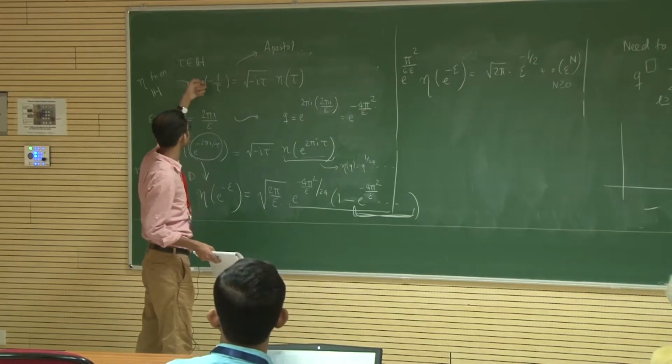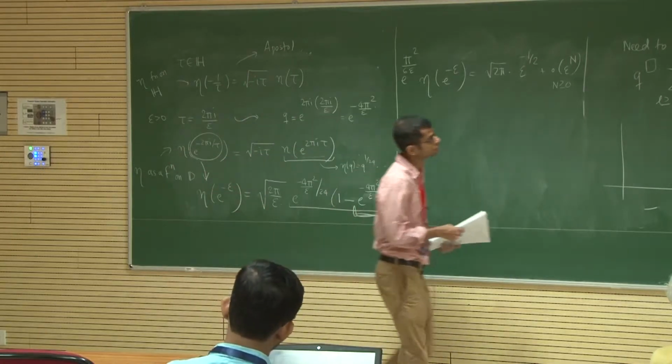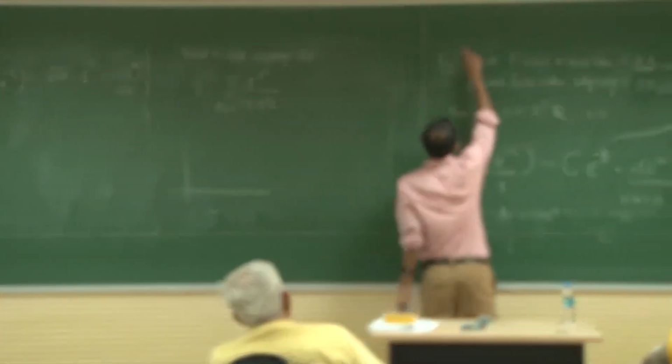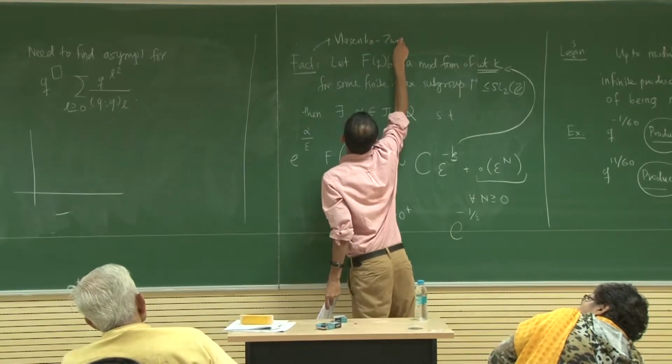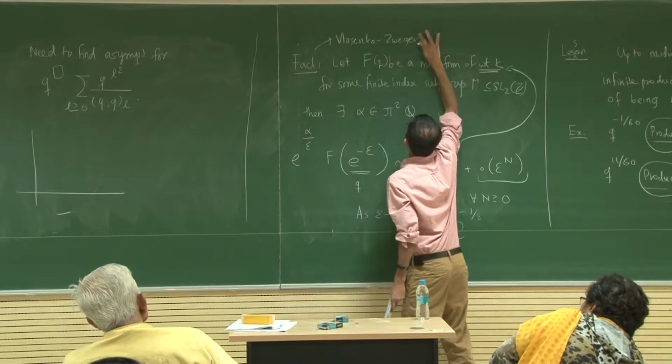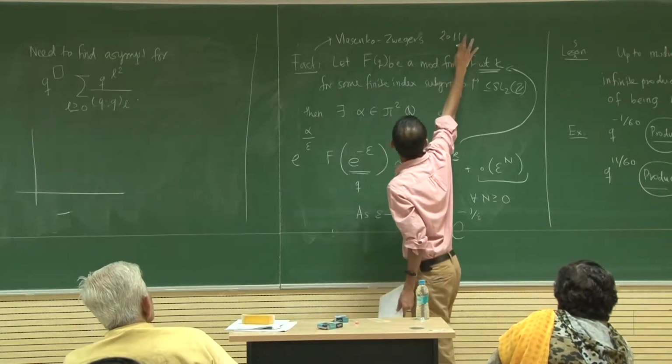What happens when you put tau to -1 over tau? You just need some placeholder for that. So the proof of this fact you can find in... It's very short. It's a short paper on Nam's conjecture.